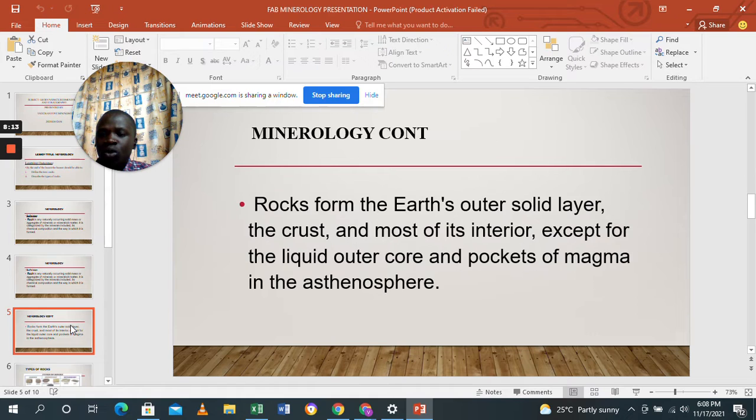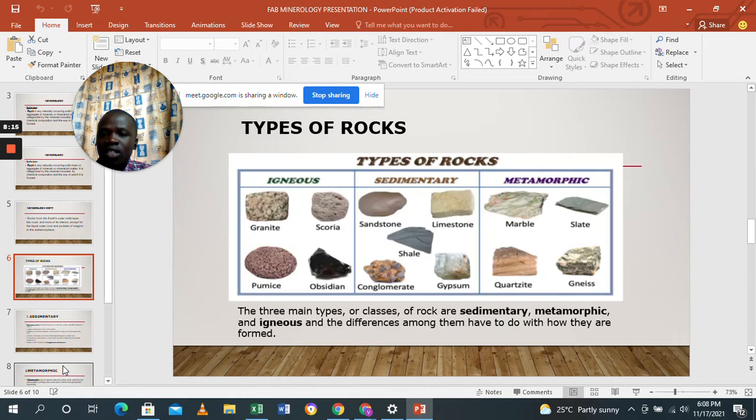We proceeded to look at the types of rocks. They are classified into three: igneous rocks, sedimentary rocks, and metamorphic rocks. From this image you can see what we have explained, and we will look more into that and the differences between these types of rocks. That is the end of our lesson.